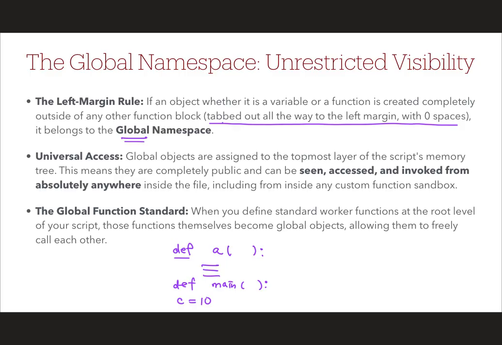So if I define function A without any margin or indentation, or if I define the main function without any margin on the left-hand side, or if you define a certain variable without any indentation, then I can access those functions A or main or the variable C at any place. Those will be called global objects. They can be seen, accessed, or invoked from any place within the code.